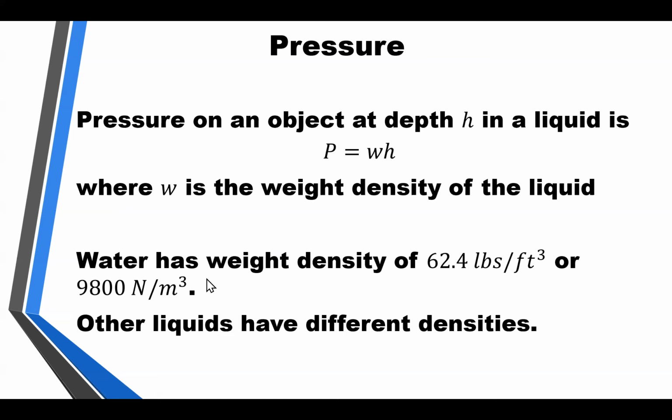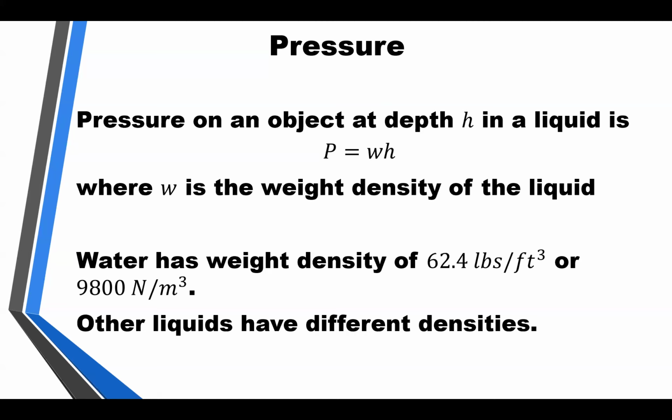Now, just so we're aware, water has a weight density of 62.4 pounds per cubic foot or 9,800 newtons per cubic meter. Those are two common numbers that I will use. If we are talking about some other liquid, then those other liquids will have different weight densities.